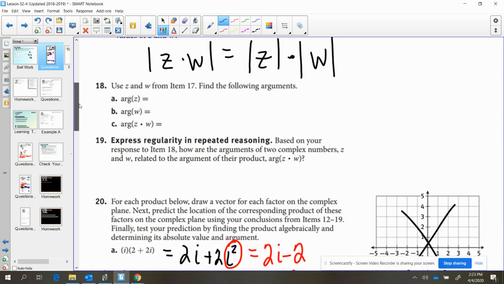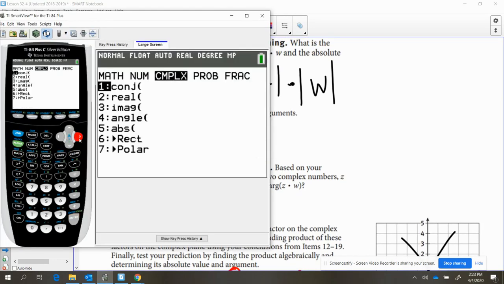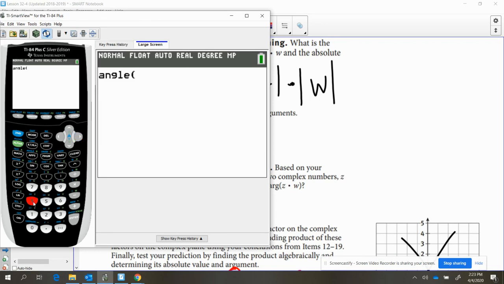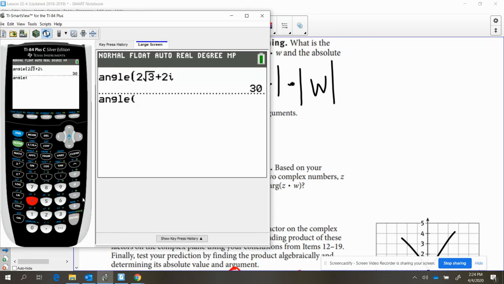On the other hand, with the arguments of each of these, if we clear this out and start looking at the arguments, the angle in our menu, the argument of z, 2 square root 3 plus 2i, is 30. The angle measure for w, 1 plus square root 3 i, is 60.